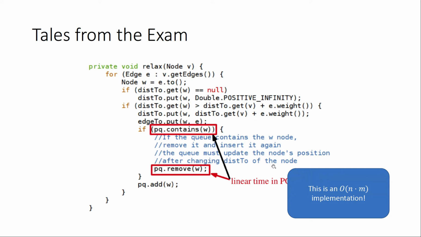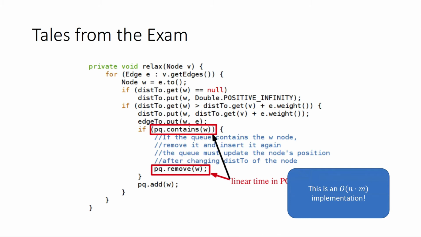A lot of comments. Maybe that's also clearly a sign that something fishy is going on, when you think this all is clear, but then you have a 4-line comment for the single line about what's going on here. The problem is that asking a priority queue, do you know this element, is the worst thing you can do.